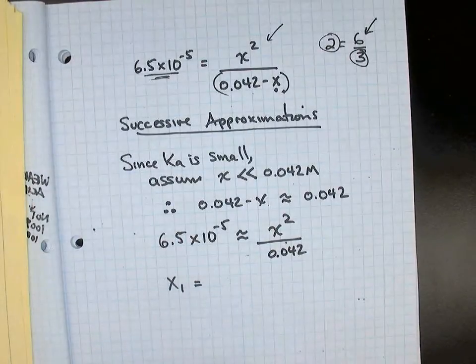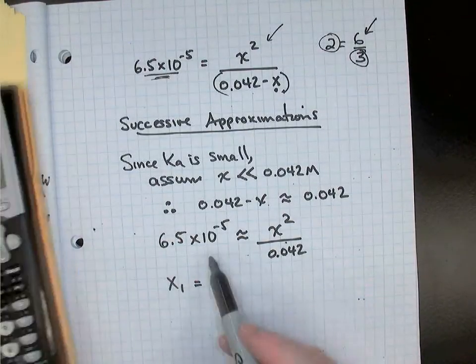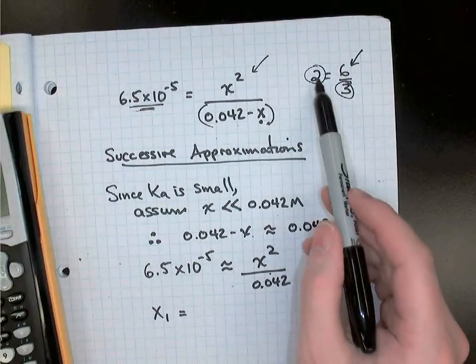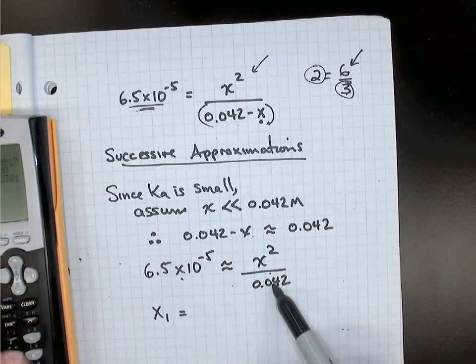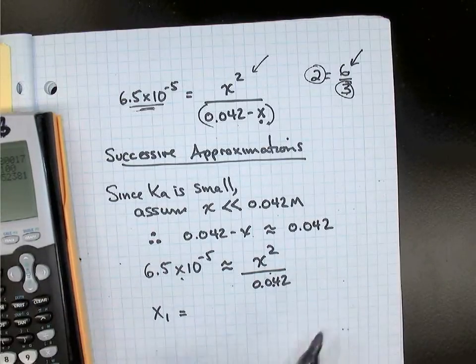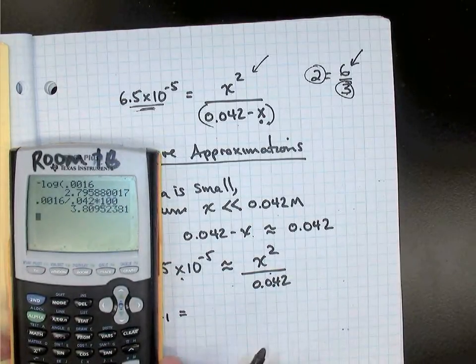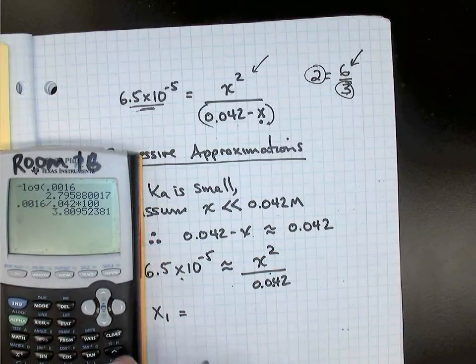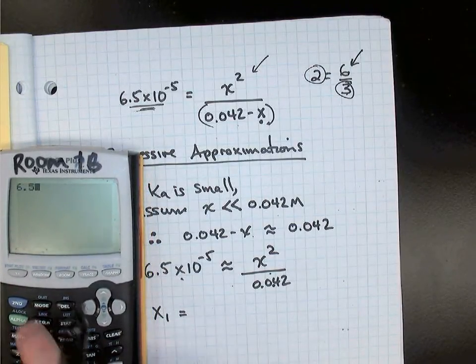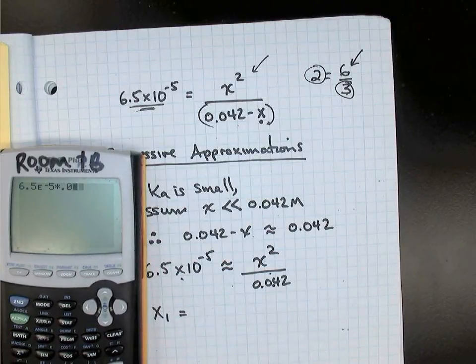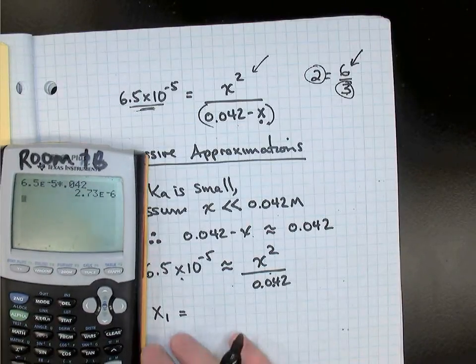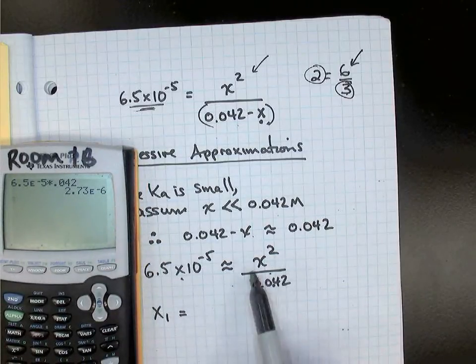So x1 equals, now we're going to solve this the same way we would do this over here. 2 times 3 equals 6. So the Ka times 0.042 equals x squared. On my calculator, I want to type in 6.5 times 10 to the minus 5, multiply that by 0.042, and press equals. This is equal to x squared.